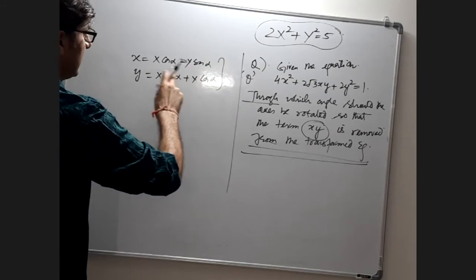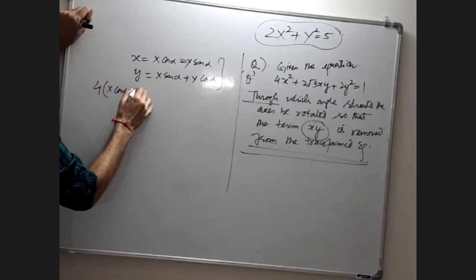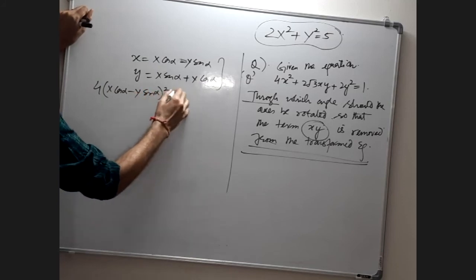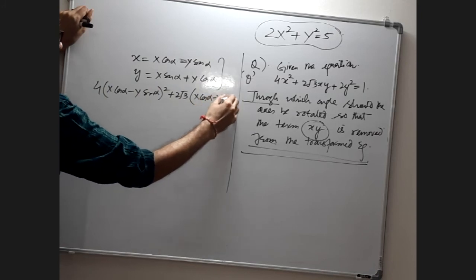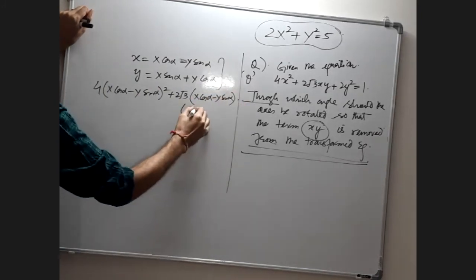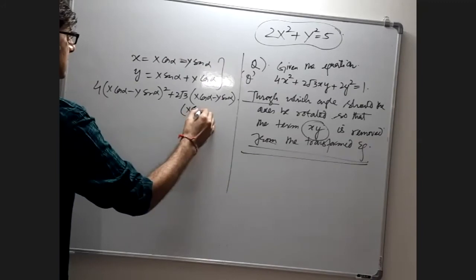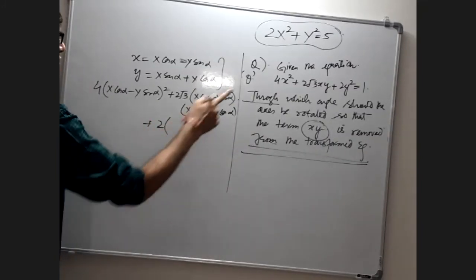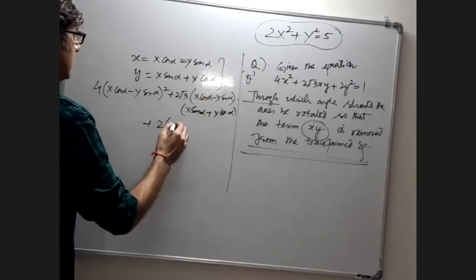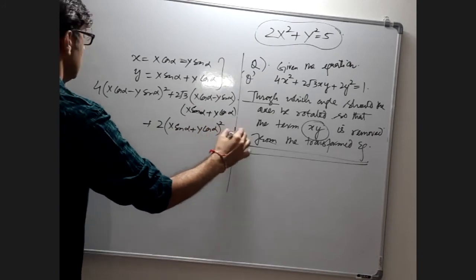We'll put these values in the equation, so it's going to be 4 into (x cos alpha minus y sin alpha) whole square plus 2 root 3 (x cos alpha minus y sin alpha) into (x sin alpha plus y cos alpha) plus 2 (x sin alpha plus y cos alpha) square is equal to 1.